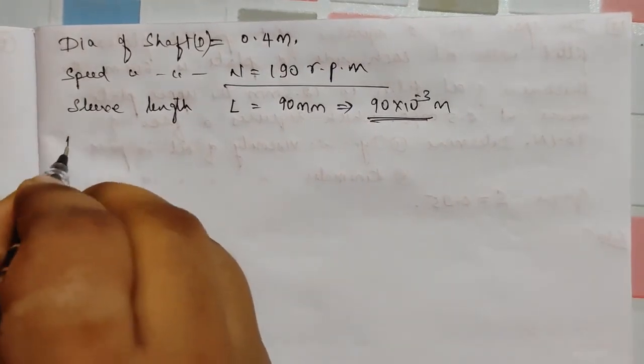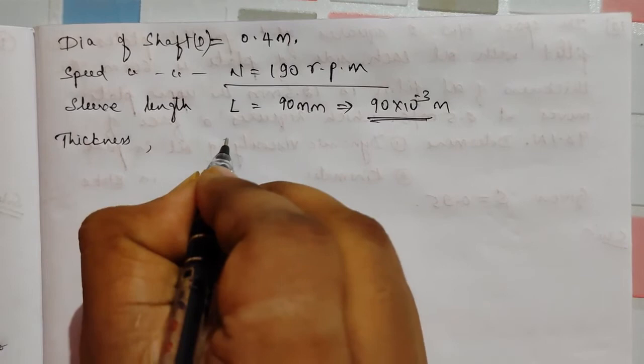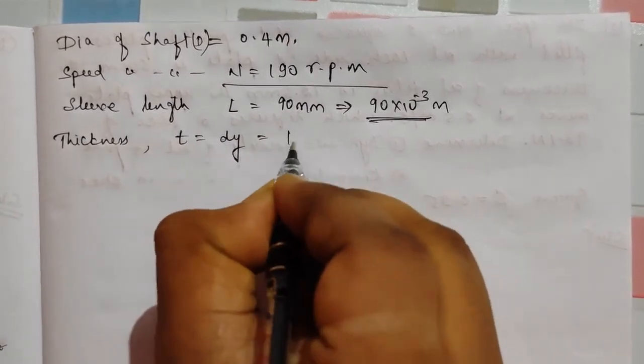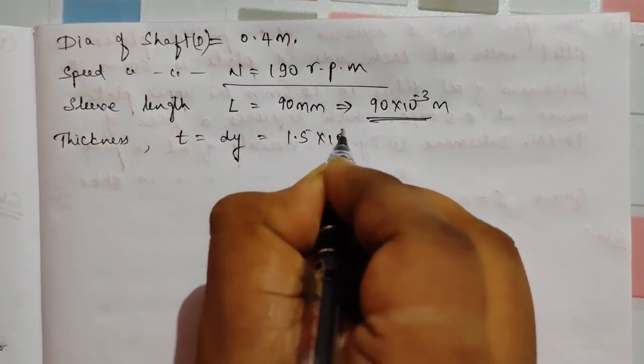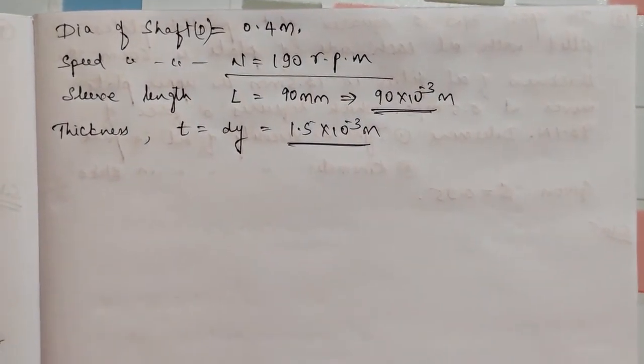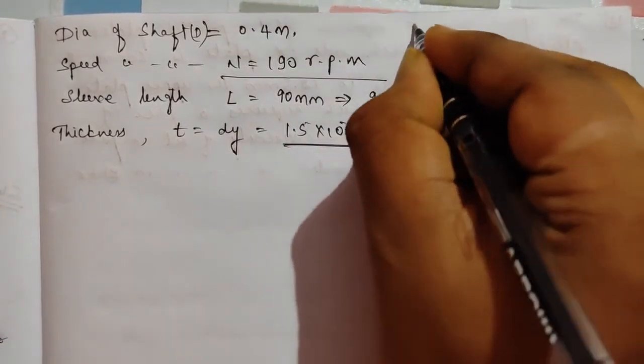Thickness of the film, dy or t, is 1.5 into 10 power minus 3 meter. Okay, I am having these values.